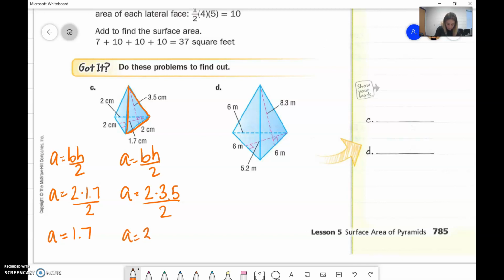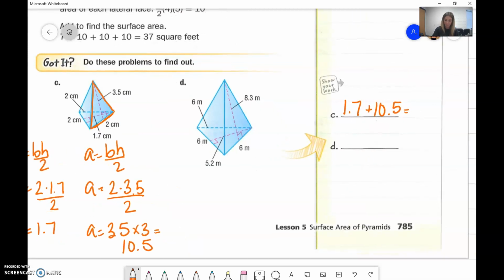So my area is 3.5 for one triangle, but how many triangles do I have? I have 3 of them. So I'm going to multiply that by 3, which gives me 10.5. So over here, I'm going to take my base, 1.7, plus my lateral faces, which there were 3 of them, to give me a grand area, lateral or surface area of 12.2 centimeters squared.